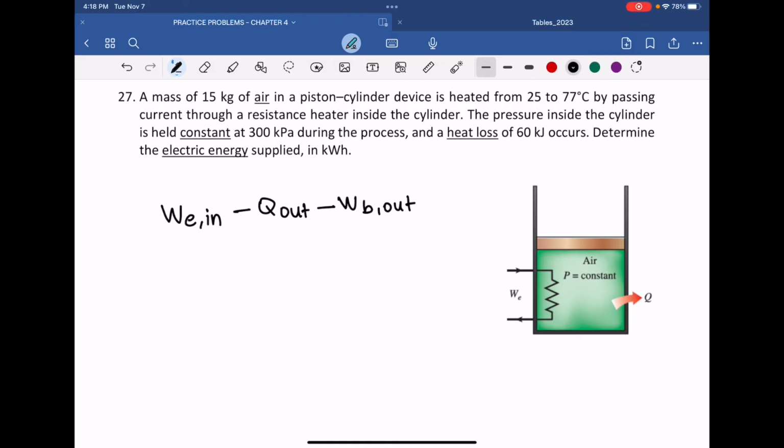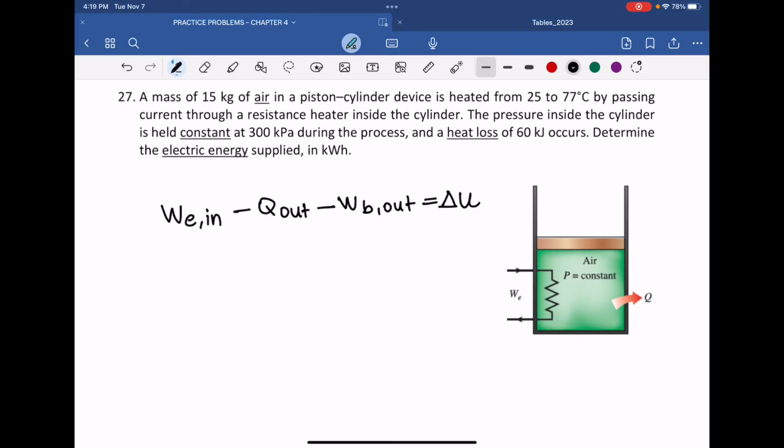Now it's tricky here to understand if boundary work is getting in or out, but the question should clearly let you know whether it's getting in or out by telling you how the volume changes, because then you understand if it's a compression or if there's boundary work getting out.